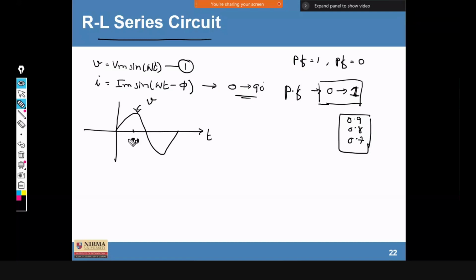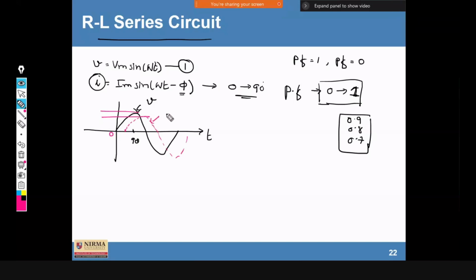So whenever you draw, please remember this angle always lies in between 0 and 90-degree. Therefore, you need to draw the waveform of current, which is always in between 0 and 90-degree, and then you have to draw like this, irrespective of the magnitude of Vm and Im.